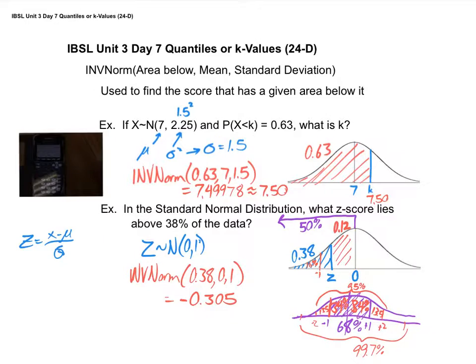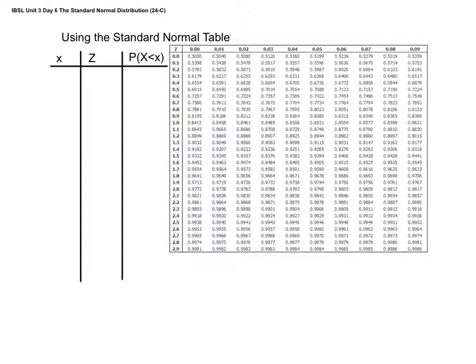All right, now let's look at this, it will kind of give us an appreciation for our technology here, okay? If I were to redo that first problem, it said the probability that x was below a certain value, the probability that x was less than k equaled what?